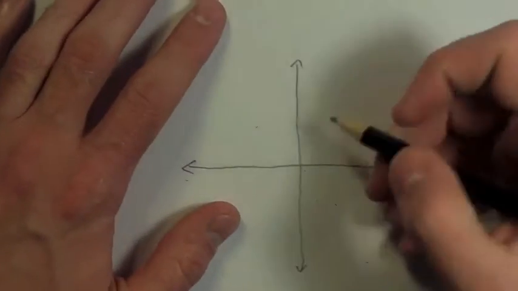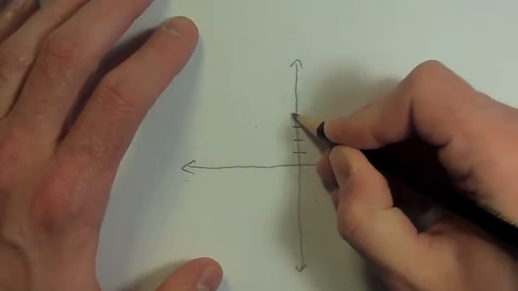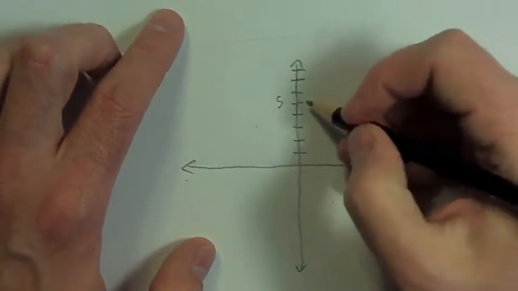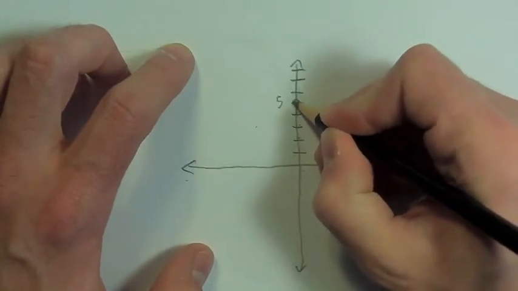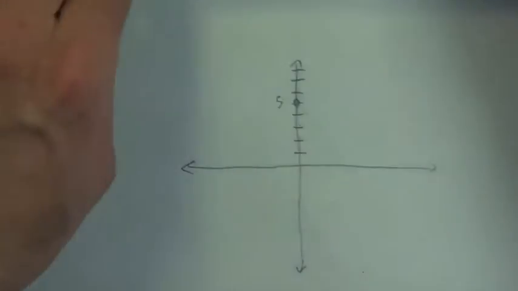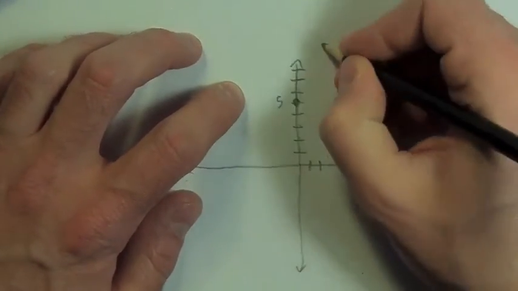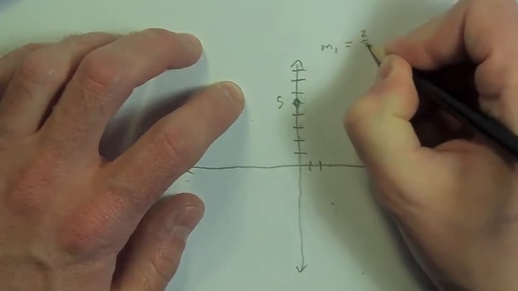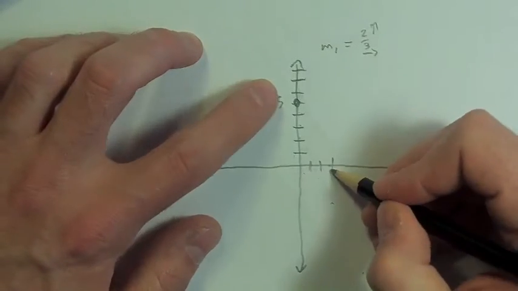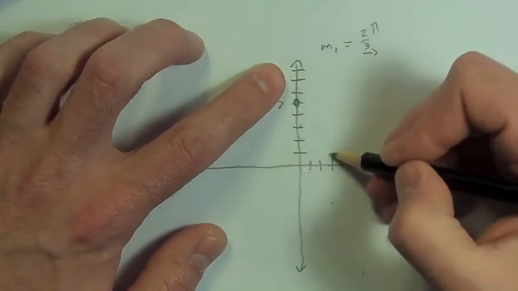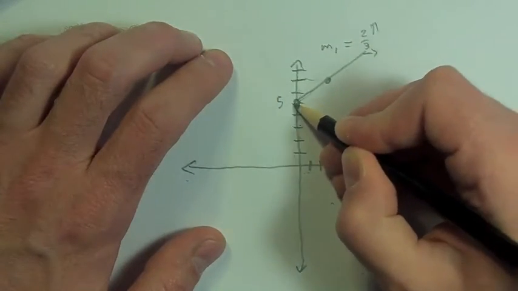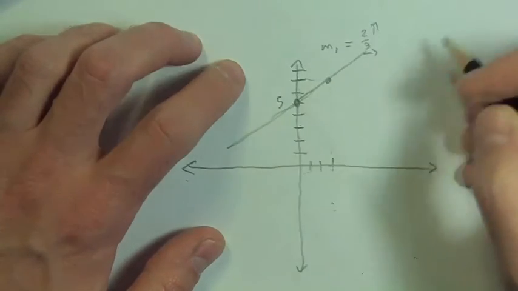So we're going to have to go up to 5. They share the same y-intercept. They won't always. But both of these have the same y-intercept, 5. So 2/3 x means we go out 3 and up 2 from one point to the next. So we go out 3, then we go up 2. So something like this.